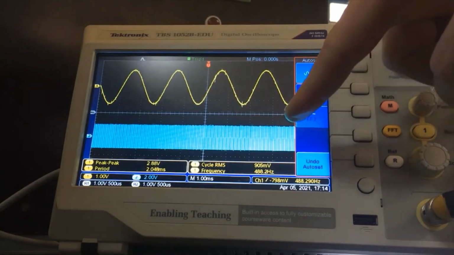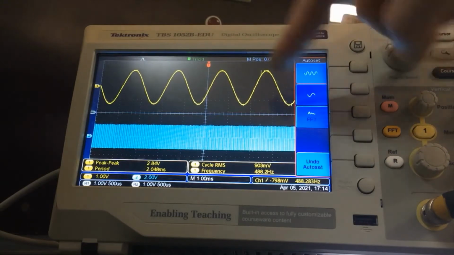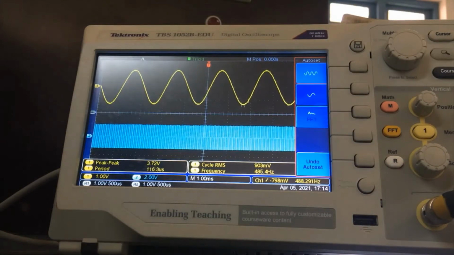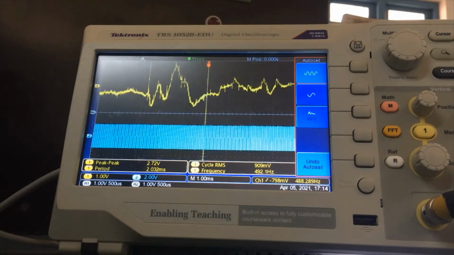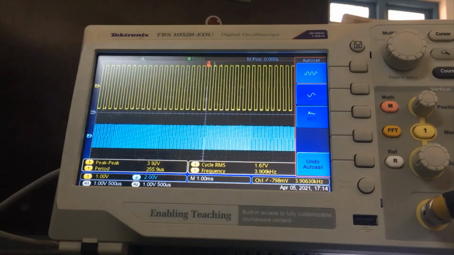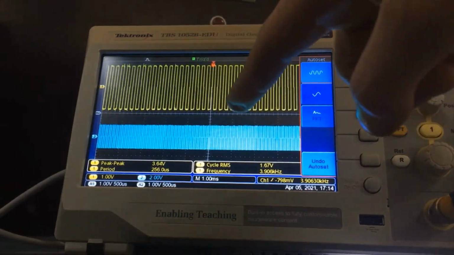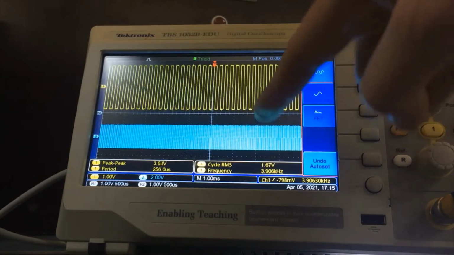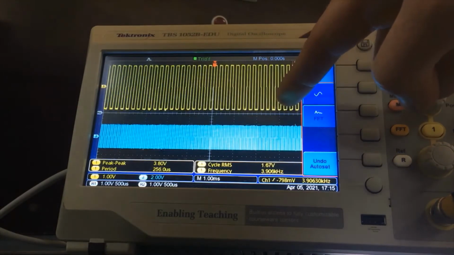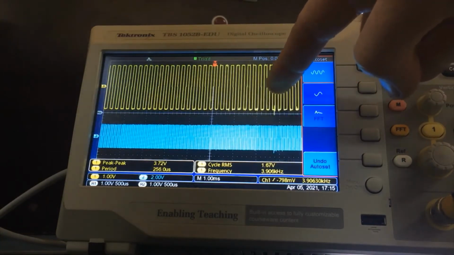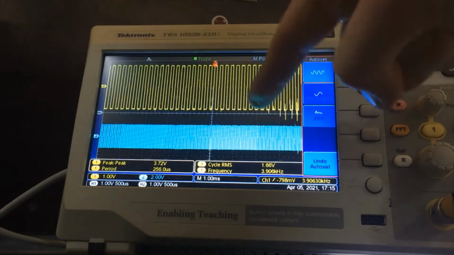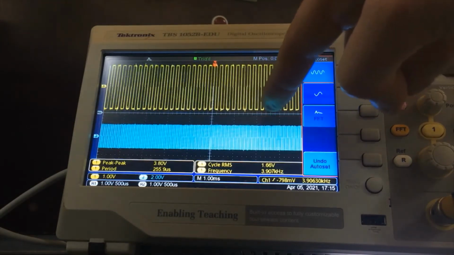If we compare it with the sample frequency, which I'll change the yellow one to, you can clearly see that the parallel to serial converter is 8 times faster than the sample and hold sampling period, that is, the sampling frequency.